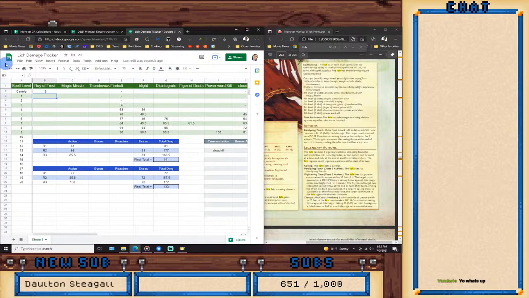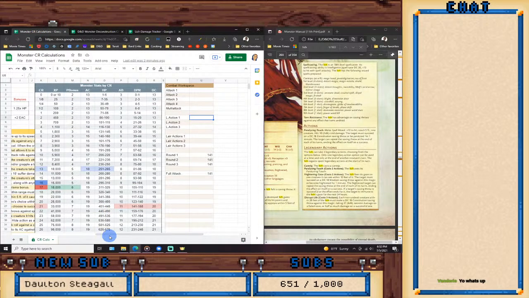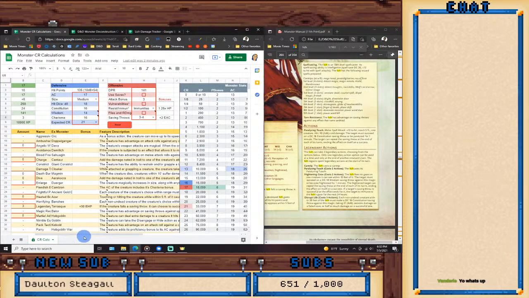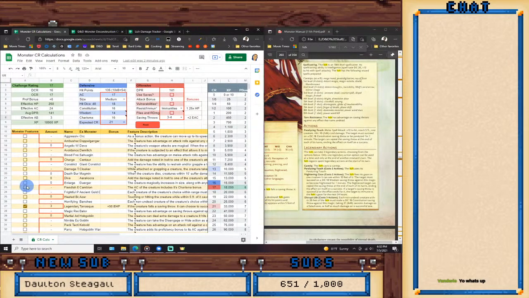Again, this would also add in the Frightful Presence condition, because it can do it as a legendary action. But oh, I don't want that. I want Frightful Presence. Here we go. We're not getting any kind of a hit point bonus from the Frightening Gaze because of how high our expected CR is supposed to be at 21.